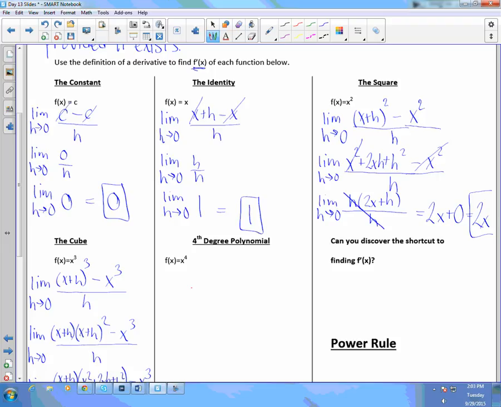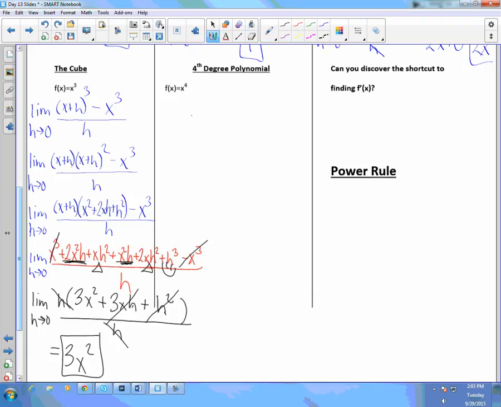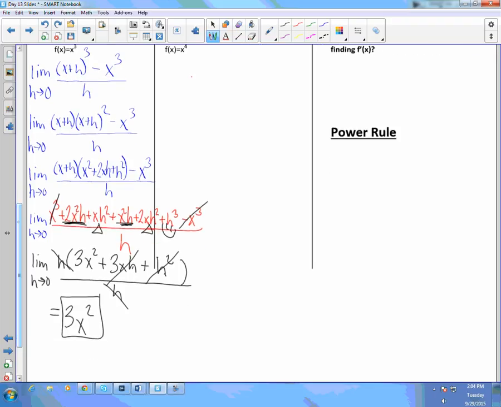We have x squared, this is where you really start figuring it out. X squared, the derivative is 2x. X cubed, the derivative is 3x squared. So you're going to notice the power rule, the pattern, what's happening each time. Pattern time. Exactly, good job.